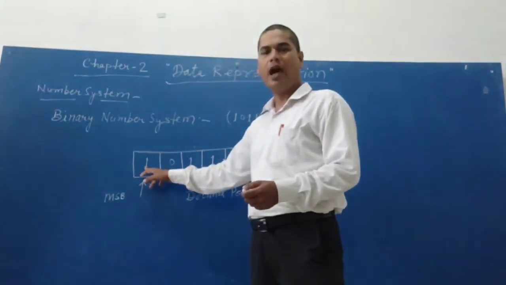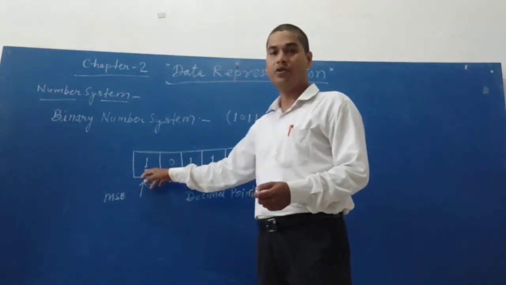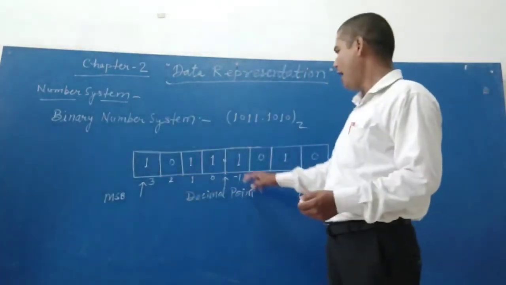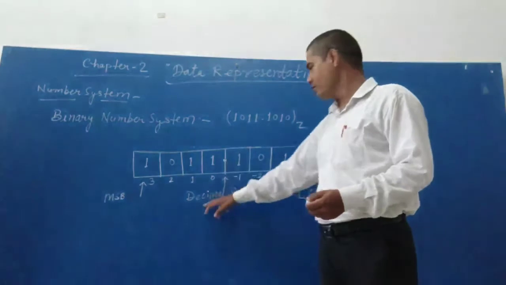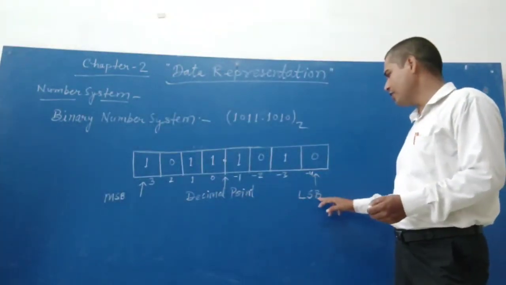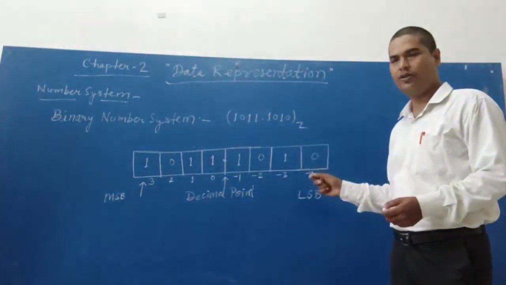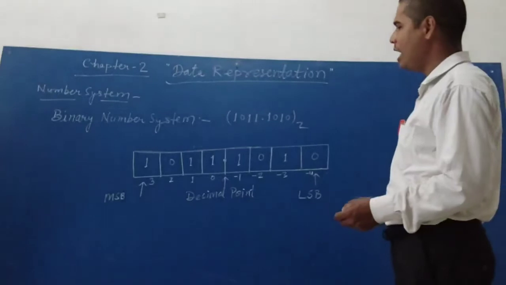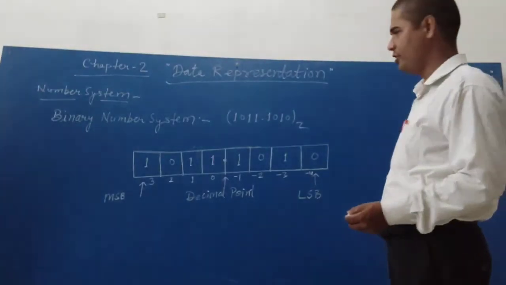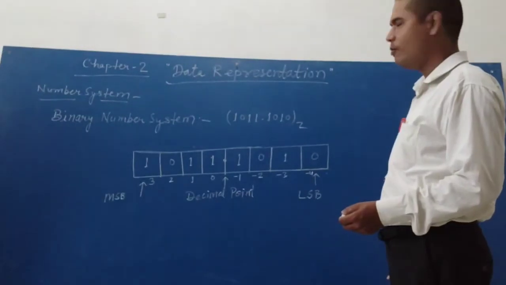This has the highest value in the positional value, and this is the decimal point, and this one is the least significant bit, meaning its value is smallest. Now we will see how these numbers are represented.